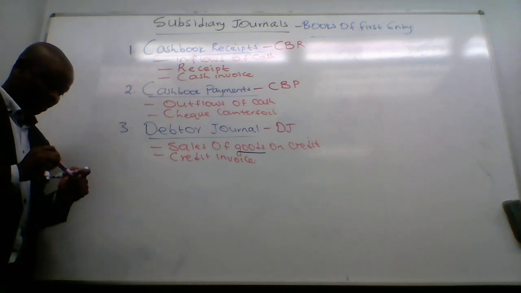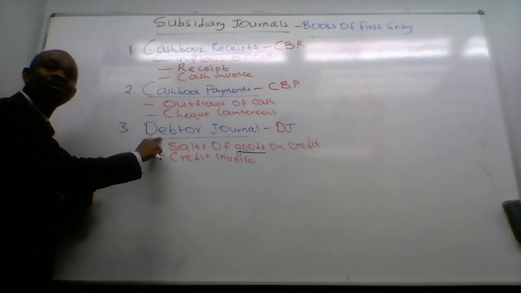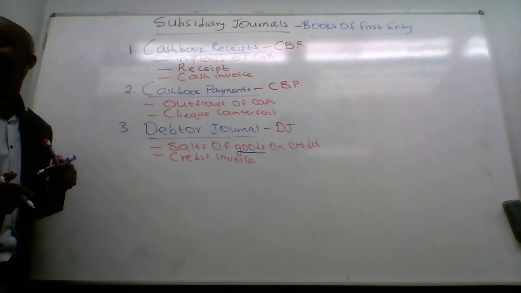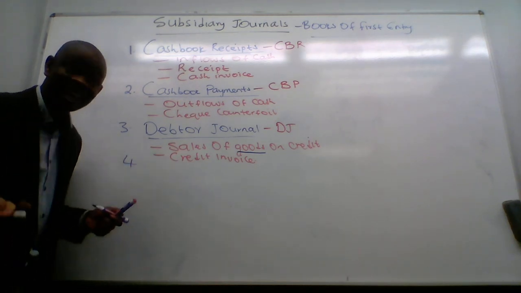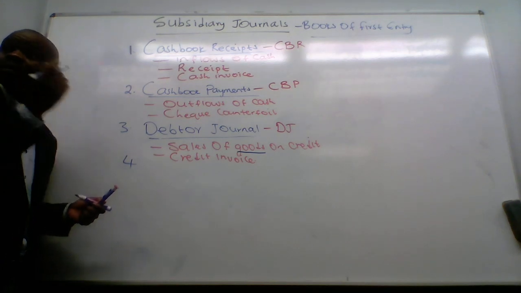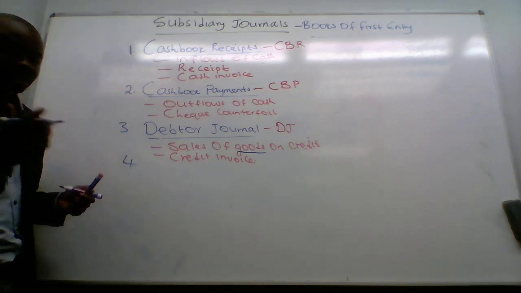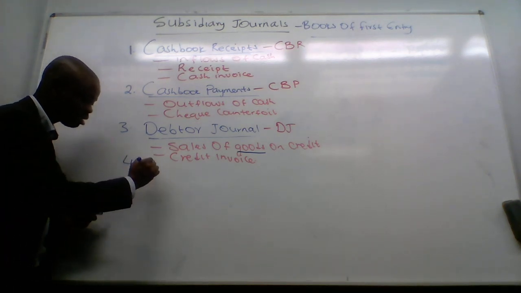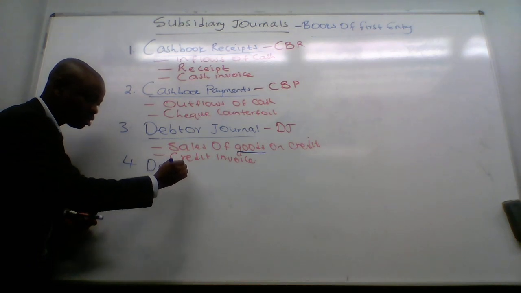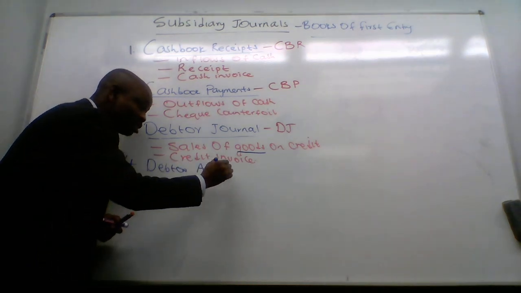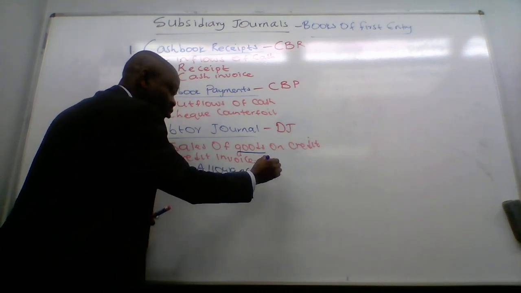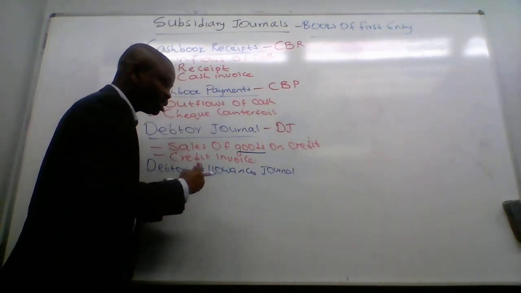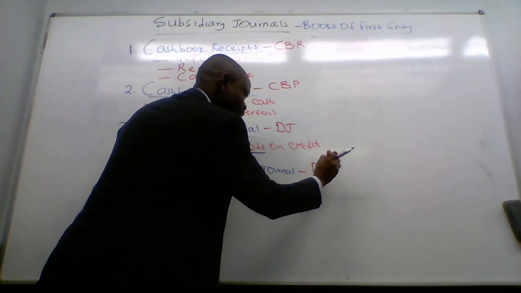Now, sometimes these debtors can return the goods which they bought from us. There must be a book for the returns. So what book is that? You can try. Debtors allowances? Thank you very much. We call it DA.